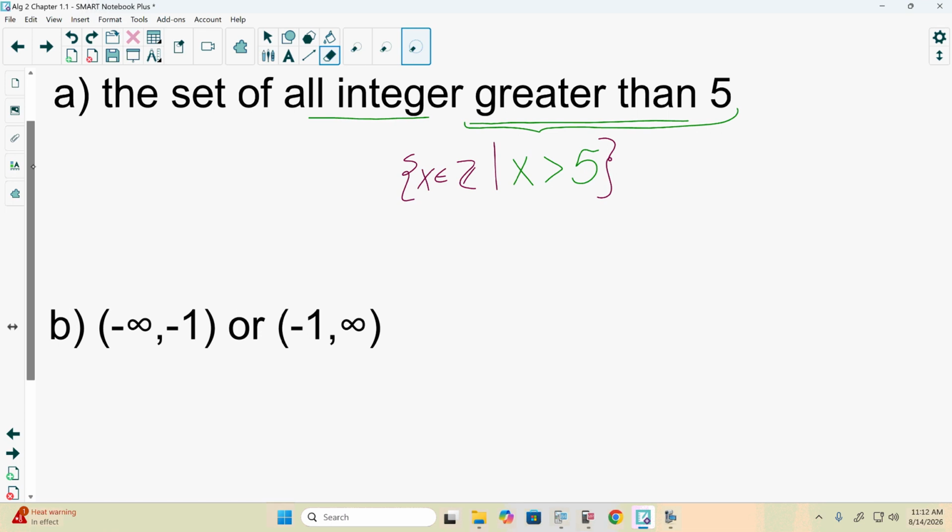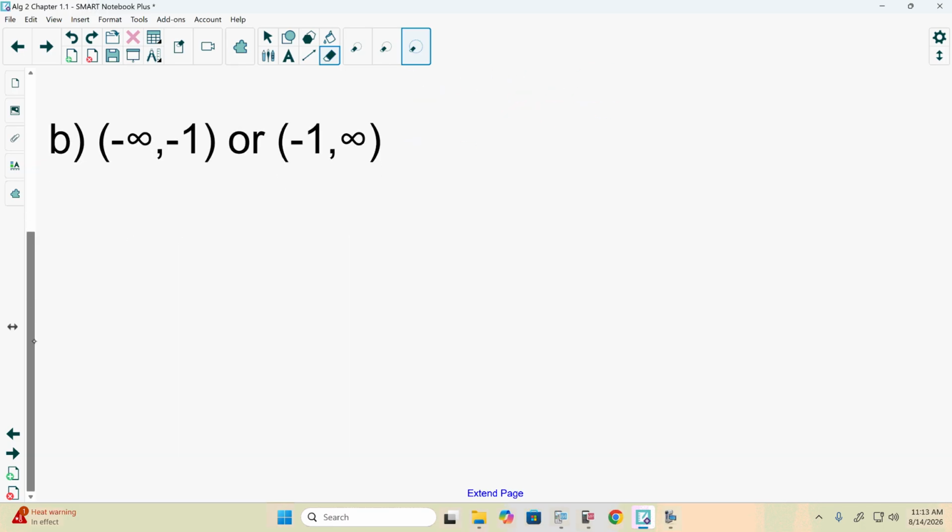We ready for the second one? They gave it to us in interval form. We need it as an inequality, so we need to change it from intervals to inequalities, yes? There's two ways we can do this. One is just knowing how to rewrite these as an inequality.